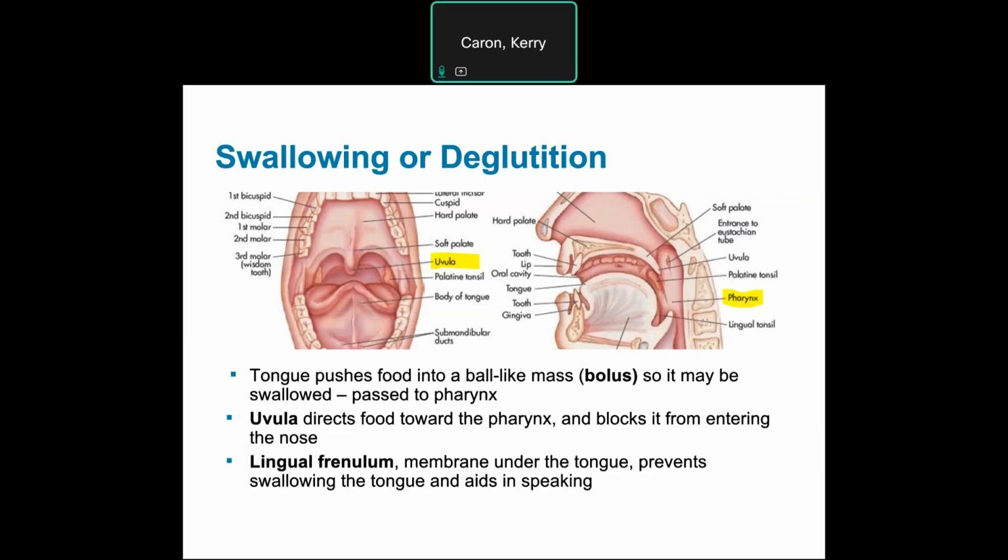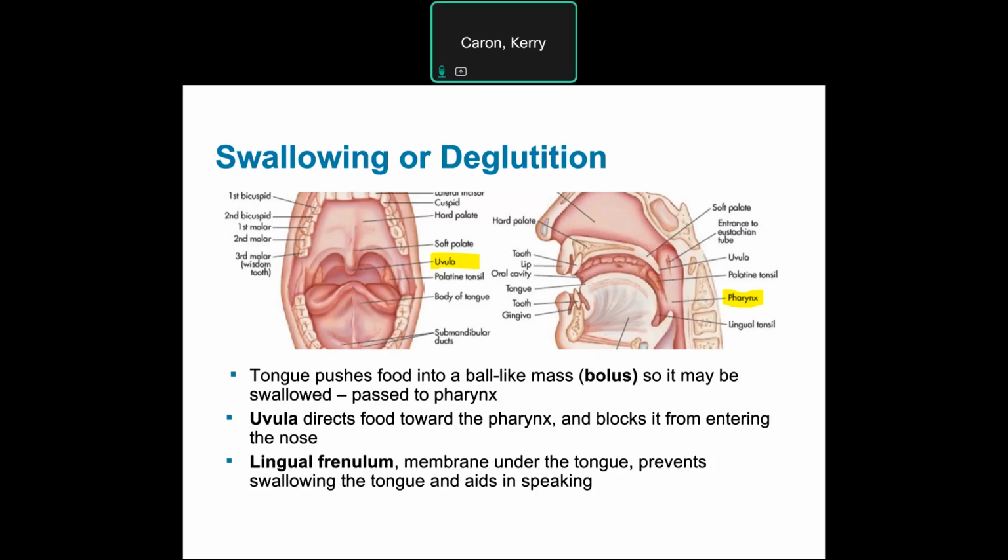It moistens it, some starch digestion happens, and then that becomes a bolus. And when we swallow it, the uvula, that little hanging thing in the back of your throat, directs the food to the pharynx and blocks the food from entering the nose. Now, you can change that with some serious laughing and end up with food coming up your nose.